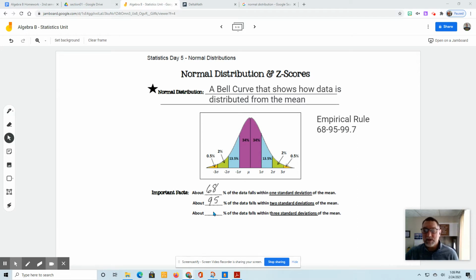And then within three standard deviations, this is 99.7% of the data, because this actually represents 2.35 here, and this is actually 0.15%. All right, same over here, 2.35 and 0.15. All right, so the numbers we'll be working with are those numbers there.